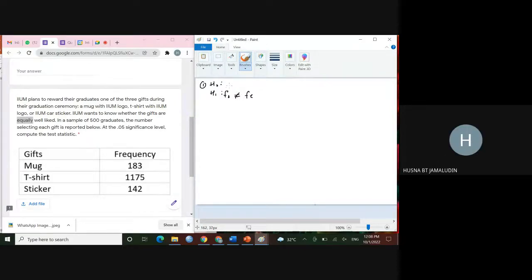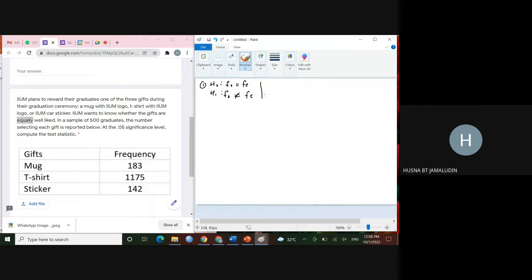Because of the equal sign, it should be H null. It shouldn't be H1, because in H1 you cannot have an equal sign. So H null is observed equals expected.